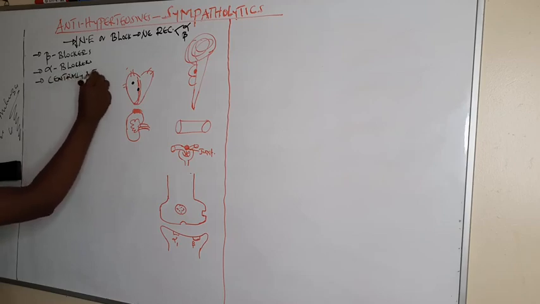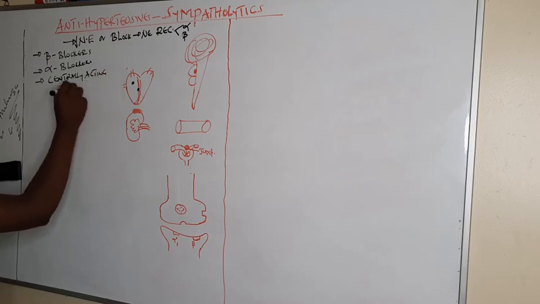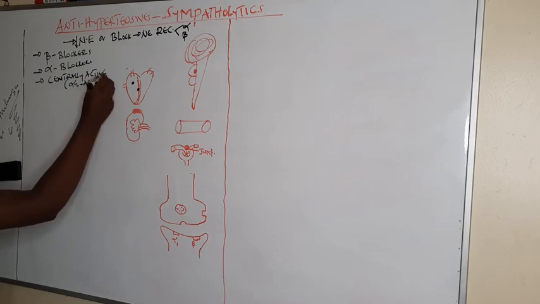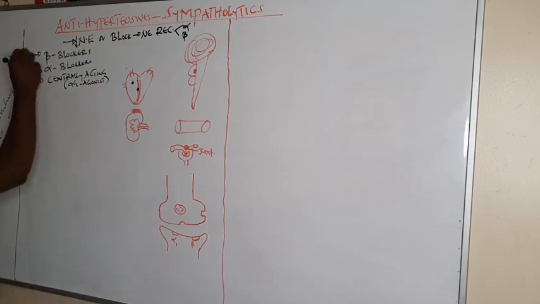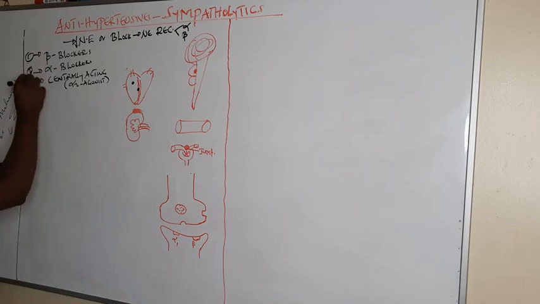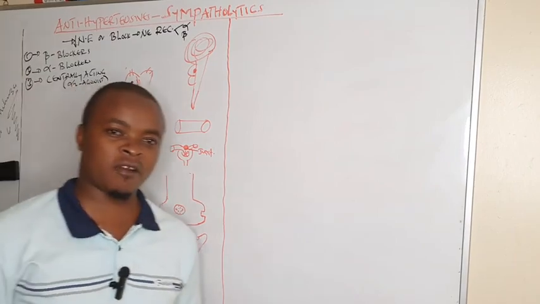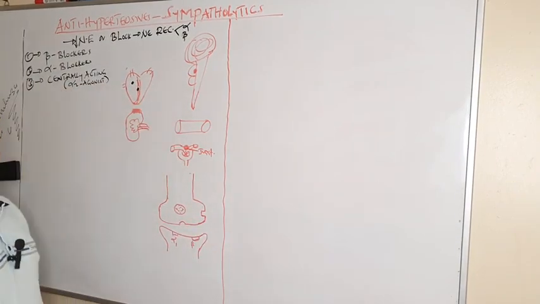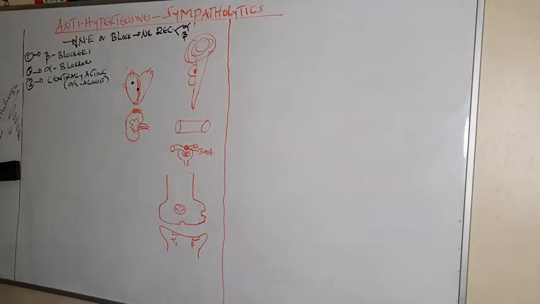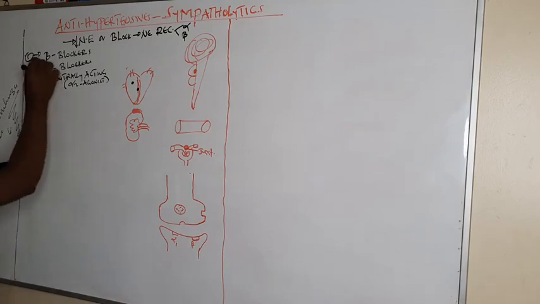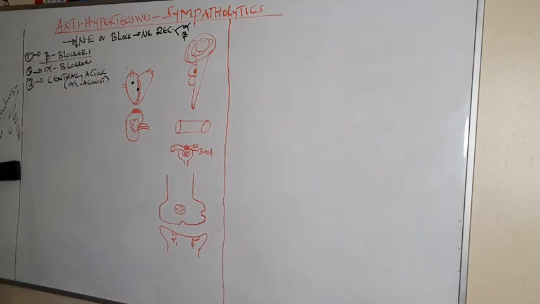Centrally acting, these ones which are the alpha-2 agonists. Majorly we use alpha-2 agonists. So these are the three classes we are going to discuss in this session: the beta blockers, alpha blockers, and the centrally acting adrenergic antagonists. We are going to begin with beta blockers.